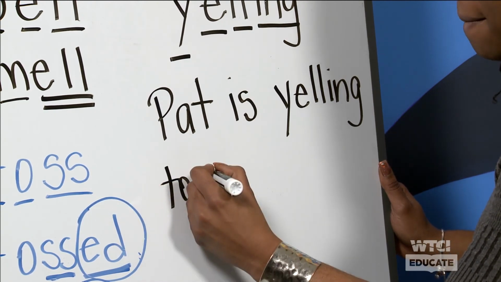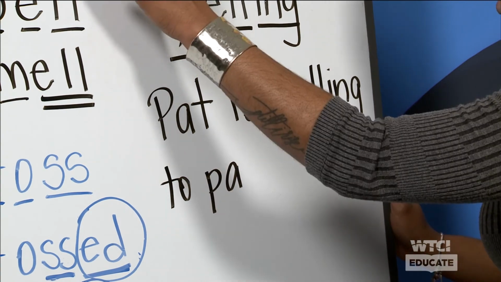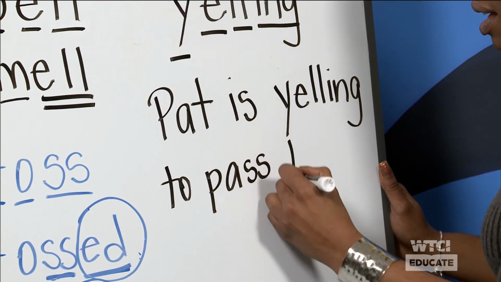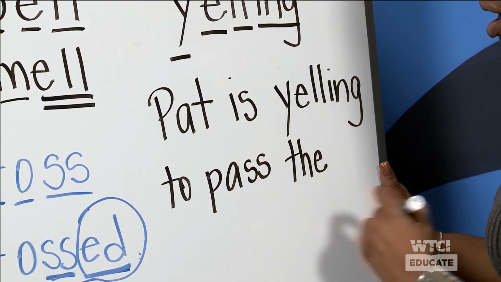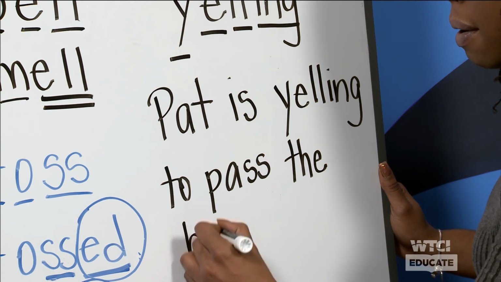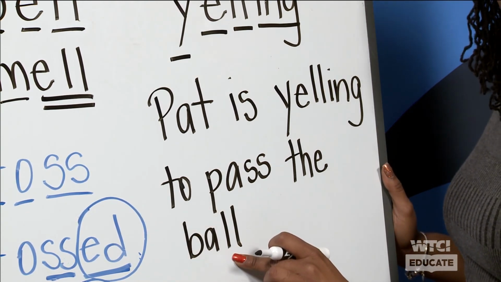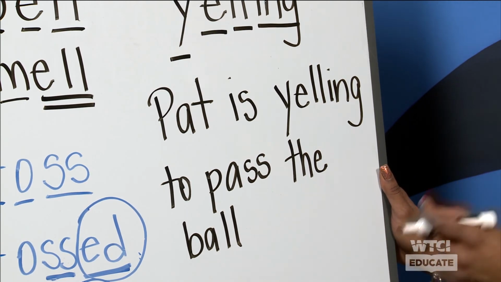To. Pass. I'm thinking about that double letter S. The. There's that blend digraph, TH. Ball. There's my double letter L. Quick. We learned about that qu sound.